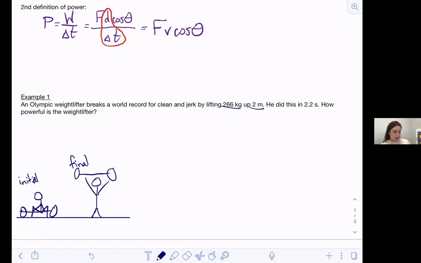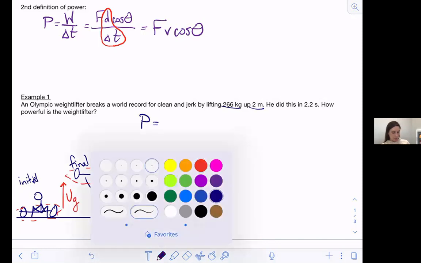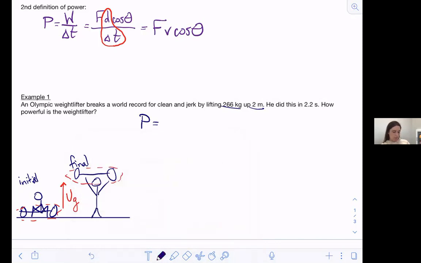So when we want to think about how powerful the weightlifter is, we can think to ourselves, well, he has in fact changed the energy of this barbell in some way, shape, or form. He's done it by adding gravitational energy to this barbell, since he lifted it higher than it was before. So we could say that this power is the change in gravitational energy divided by the change in time.